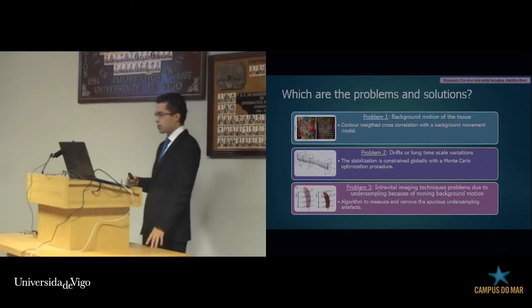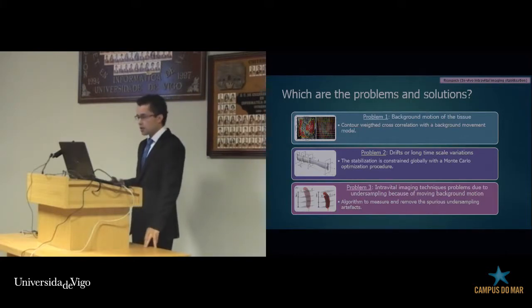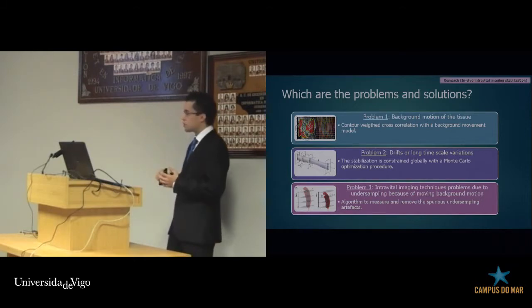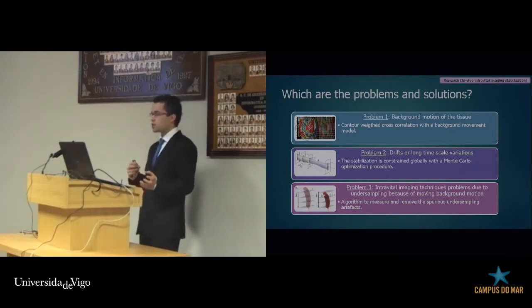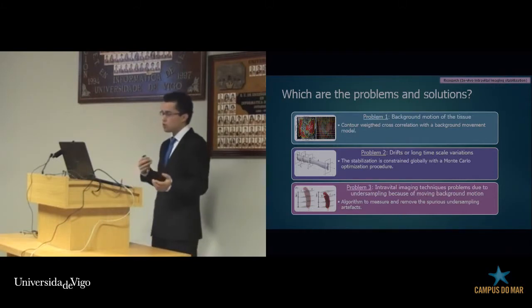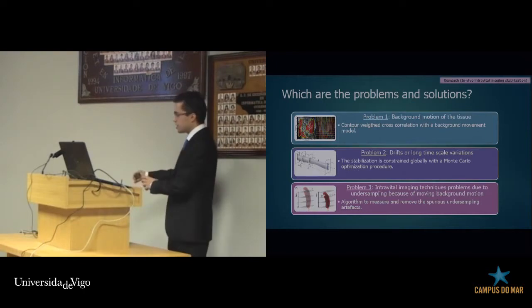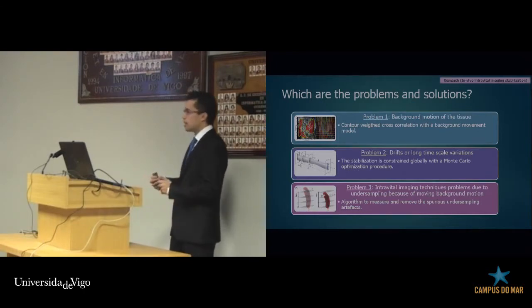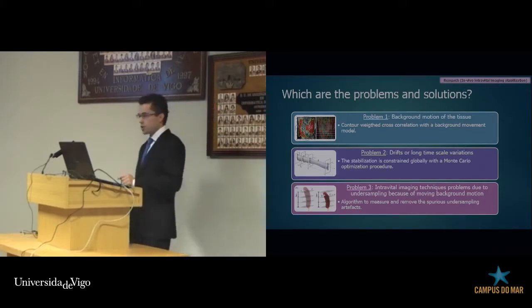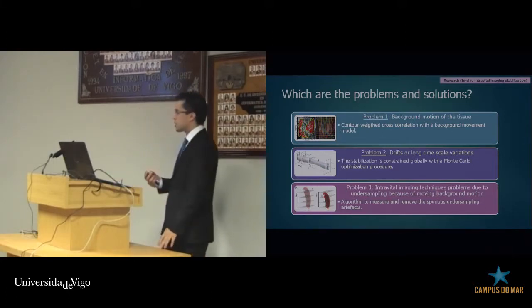We are going to talk about that after. Problem two is drifts or long time scale variations. So the stabilization is constrained globally with a Monte Carlo optimization procedure. You don't want a drift over time, or a very big change from one frame to the next one. Problem three is intravital imaging technique problems due to undersampling, well, undersampling errors.